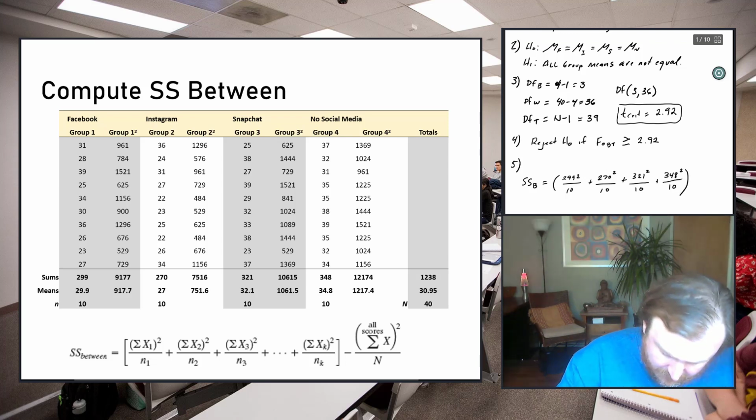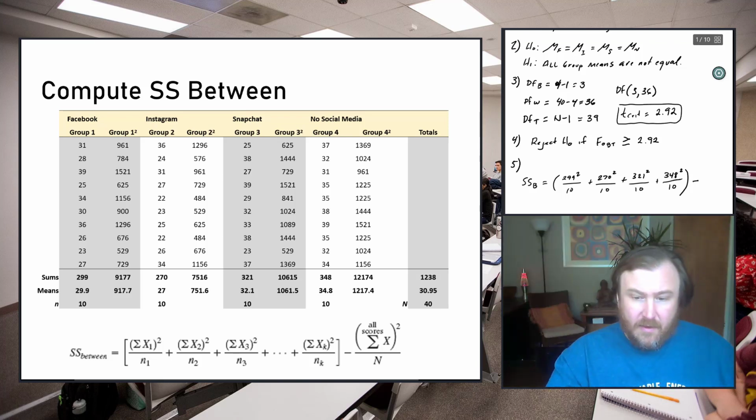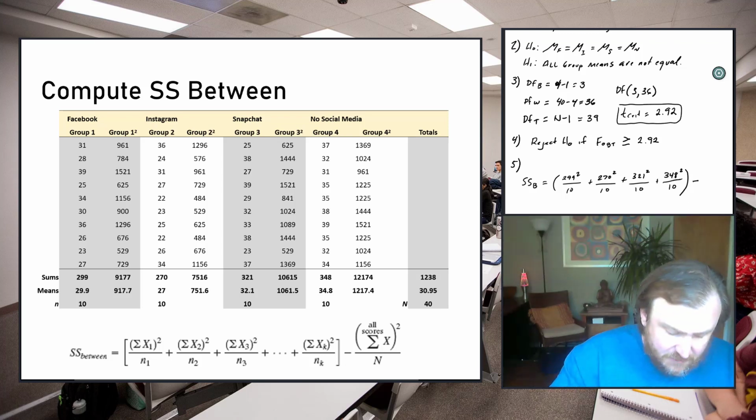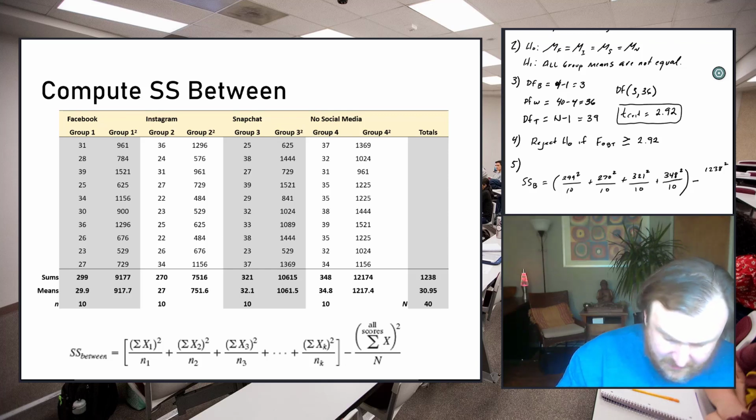And I'm going to fix this one because it could easily be confused. Okay, and then we need to subtract the sum of all x-scores squared divided by all of the people in the study. So this is going to be 1238 squared, you can see I have that number totaled all the way onto the right, divided by 40.